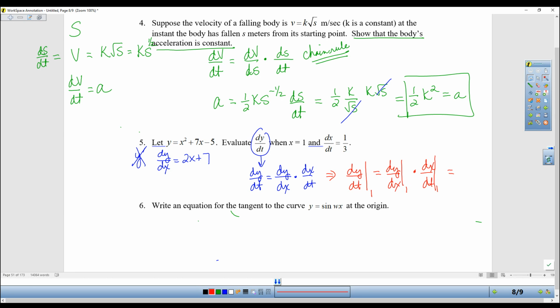So dy dx at 1 is 9. dx dt at 1, they just gave it to you. When x is equal to 1, dx dt is 1/3, so 9 times 1/3 is 3.